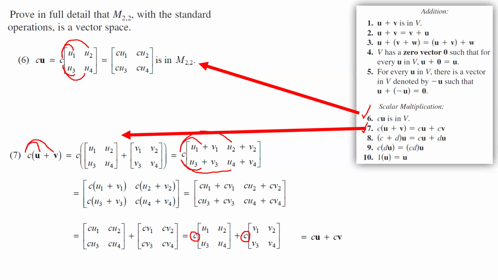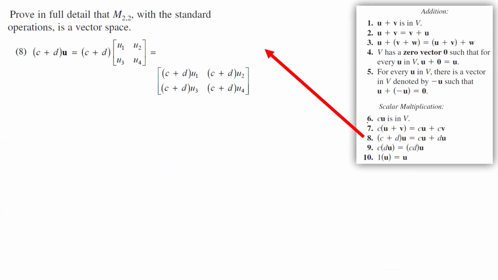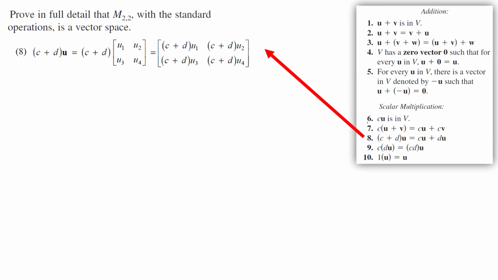Now axioms 8, 9, and 10, everybody. It should be easy for you because these are basic algebra. C plus D times U is basically C plus D, and U is a 2 by 2 matrix. Now we're going to do the scalar multiplication: C plus D times U1, C plus D times U2, C plus D times U3, C plus D times U4. From this step, you're doing simple algebra: CU1 plus DU1, CU2 plus DU2, CU3 plus DU3, CU4 plus DU4.